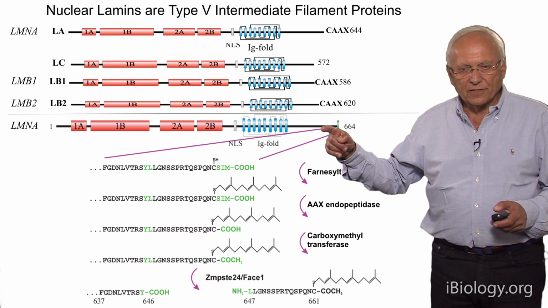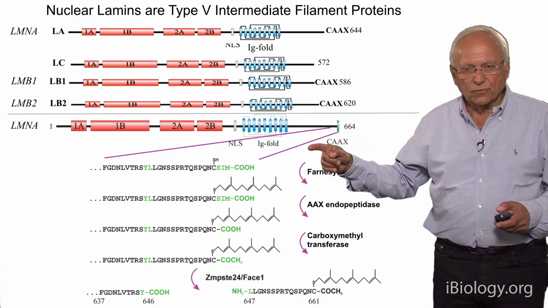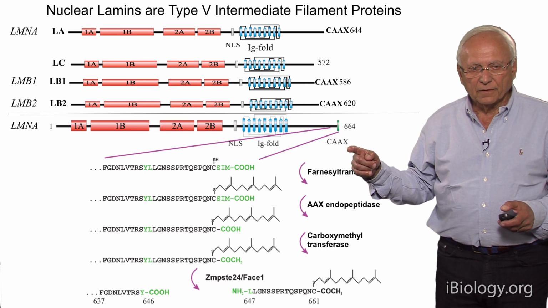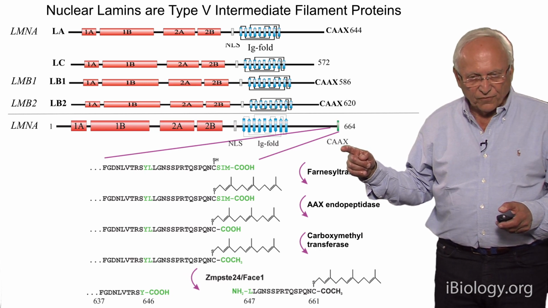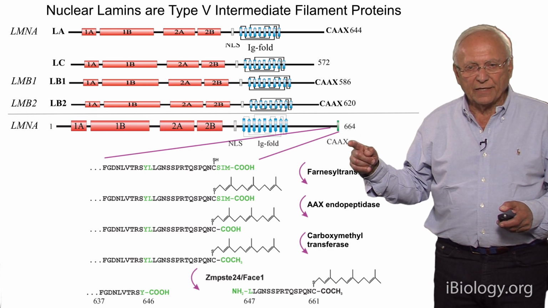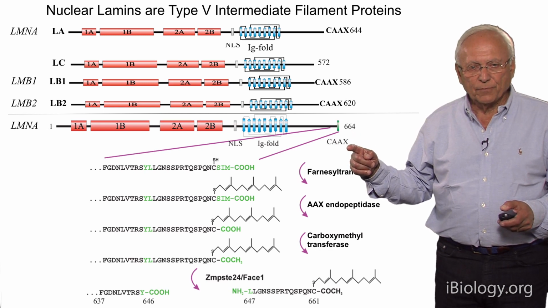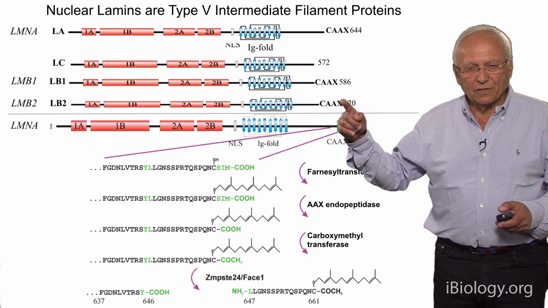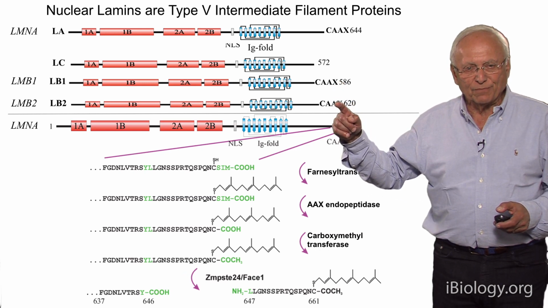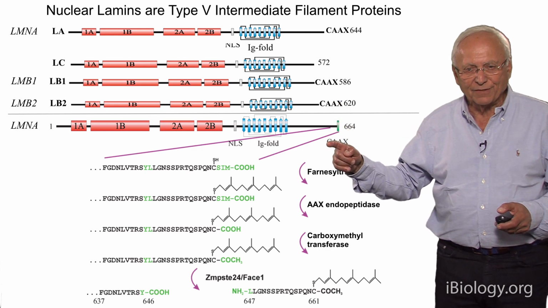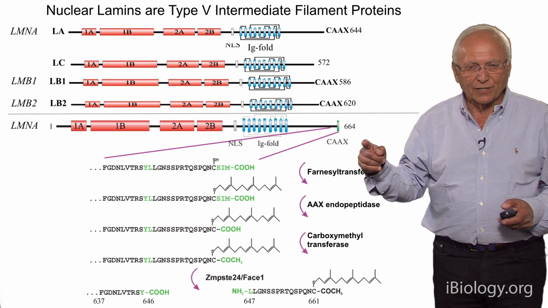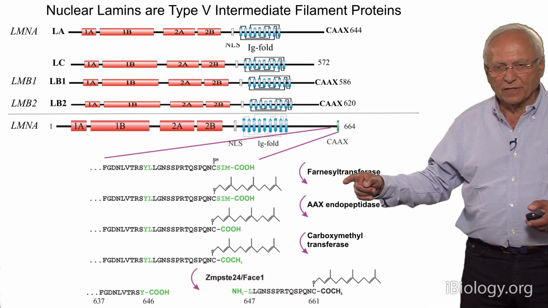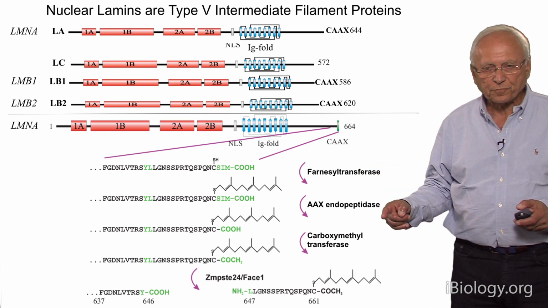And it is this CAAX box that goes through numerous modifications during processing from pre-lamin A to mature lamin A. In particular, what I tell you is going to be true of lamin A, but not 100% true of lamin B1 and B2, and I'll tell you the difference in a minute. And you'll see why later in the lecture I'm going through this complex series of changes that take place.